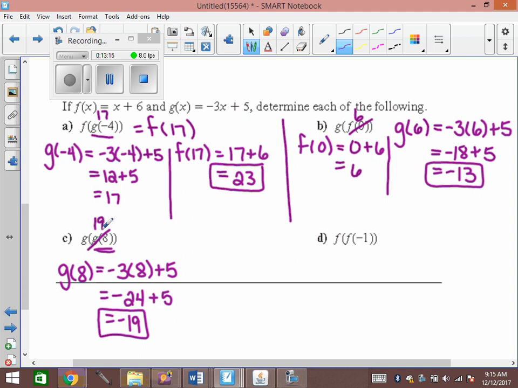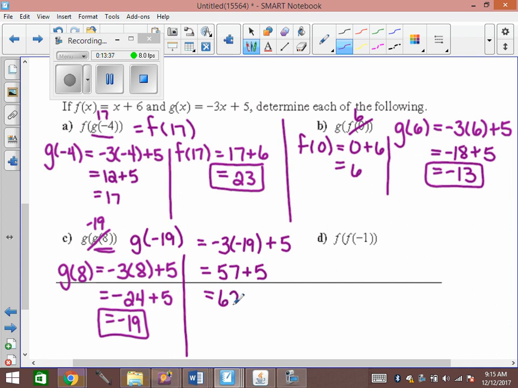Because that's the answer to it. And then we're going to do G of negative 19, which is negative 3 times negative 19 plus 5, which is 57 plus 5. Okay?